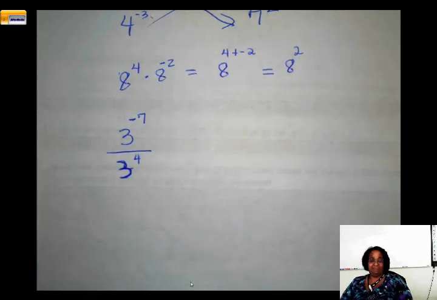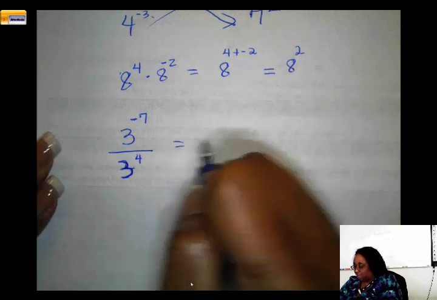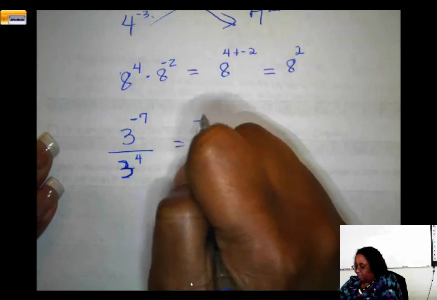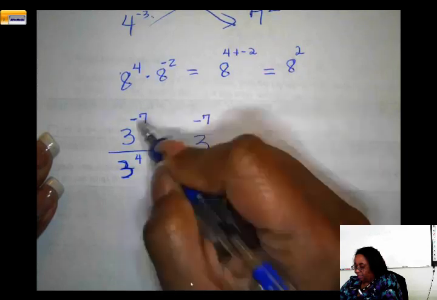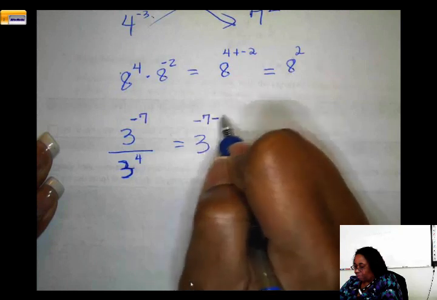Now, when I'm dividing the same base, what's the rule? That was rule number 2. What am I supposed to do? Subtract the exponents. So I'm going to write the base of 3, negative 7 is the top one, so I have to write that first. And then I'm going to say subtract 4.